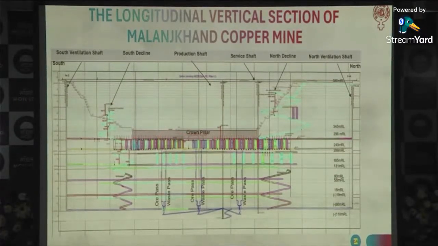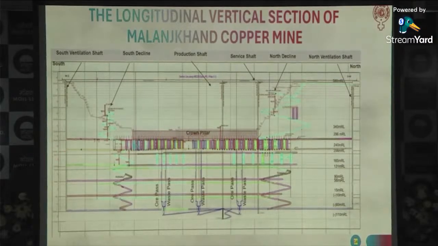Below this, we have left a crown of 40 meters. And then after that, there are levels which are opened here. This is the first level, 296, just below this crown pillar. The level difference of the first and the second level is 60 meters. For subsequent levels, it is 75 meters. The entire design of this is done by IIT Kharagpur.